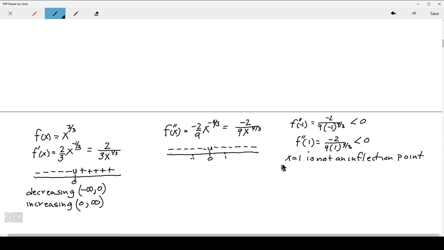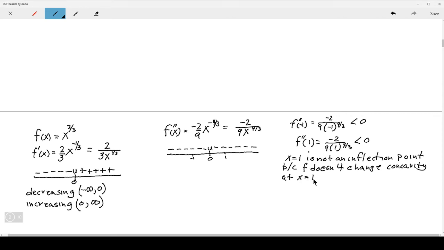And why is it not an inflection point? Because f doesn't change concavity at x equals 1.